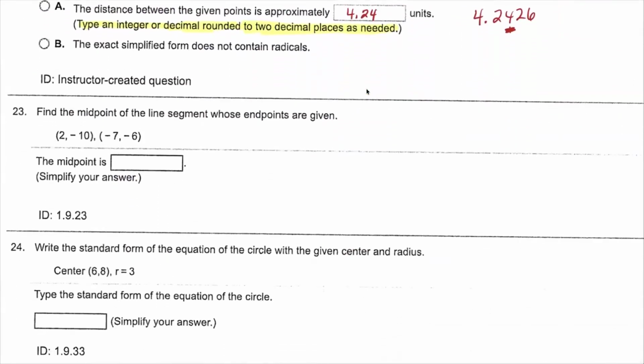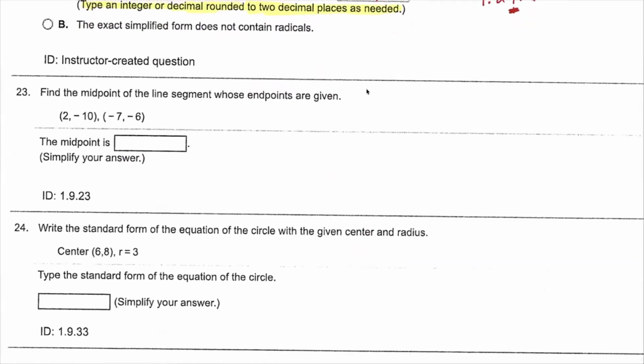Now we find the midpoint. Midpoint is easy. You add up the x values divided by 2, add up the y values and divide them by 2. So identify your x and your y. So x1, y1, x2, y2. So the midpoint, and it doesn't matter what order you add them in.